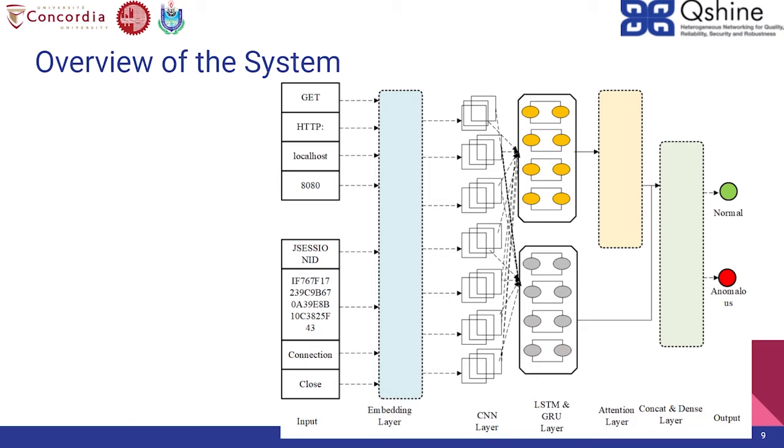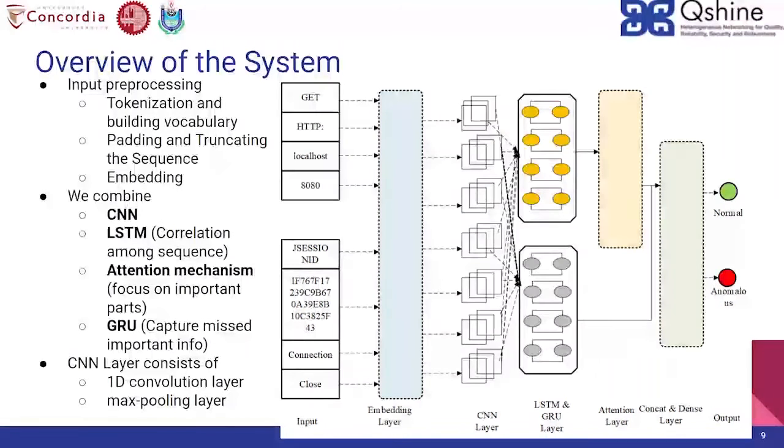So this is the overview of our system. In our system, we first pre-process the input. For pre-processing, we use tokenization and build our vocabulary. Then we use padding and truncation in the sequence. Then we use the embedding.